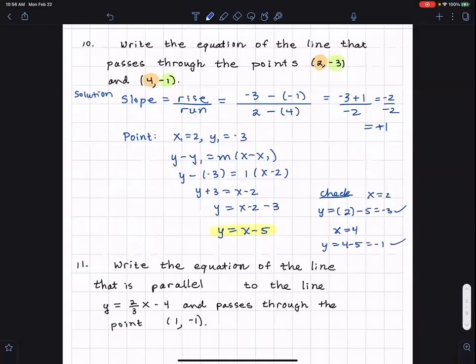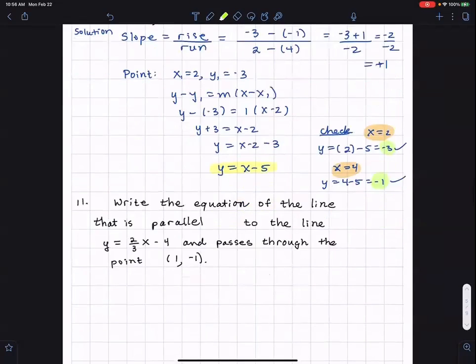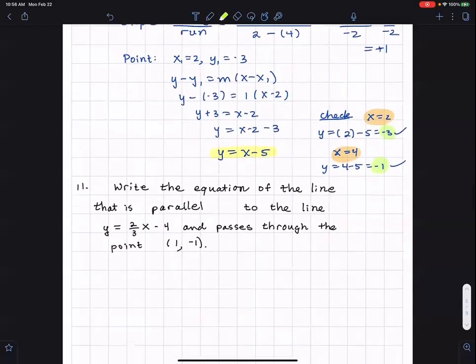Check, it works. I'm checking the 2 points, x is 2 and x is 4, and verifying that I get those y values, negative 3 and negative 1. Since that works, that's correct. Those 2 points are enough to define the line. Any questions about that?